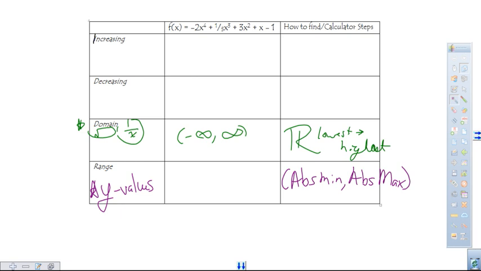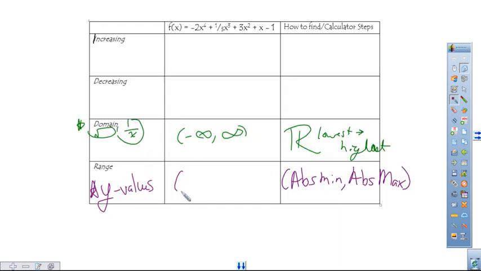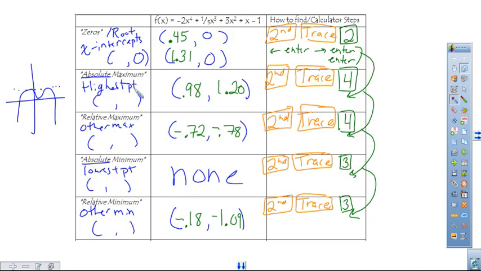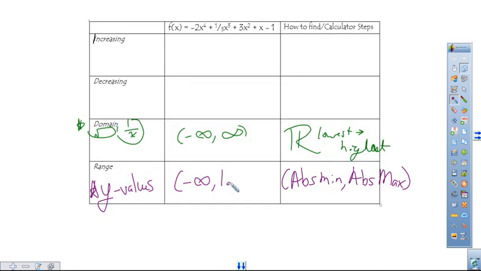Well, if we look back, our absolute minimum was none, which means it goes down forever. So my absolute minimum is negative infinity. My absolute maximum, the highest point, there's my Y value. So if there was one here, you'd still take the Y value of it. Okay? So this is 1.20. Ba-boom. There we go.